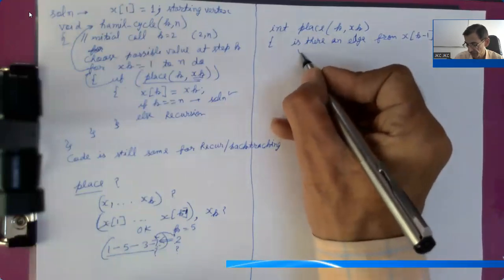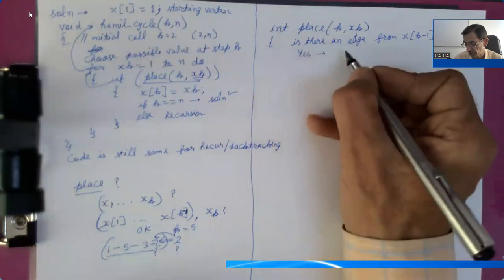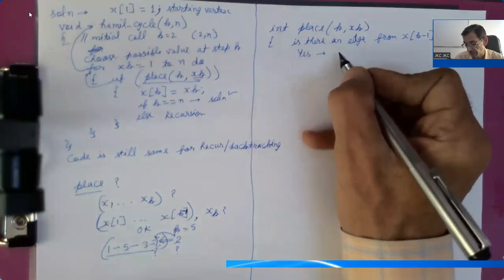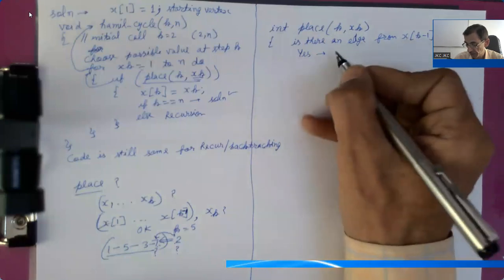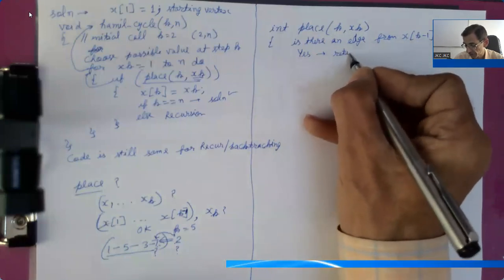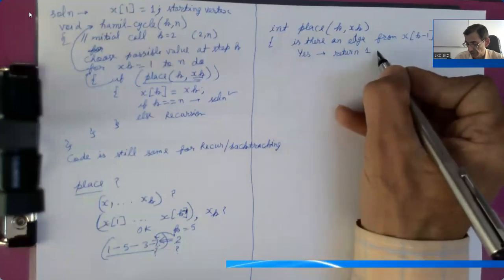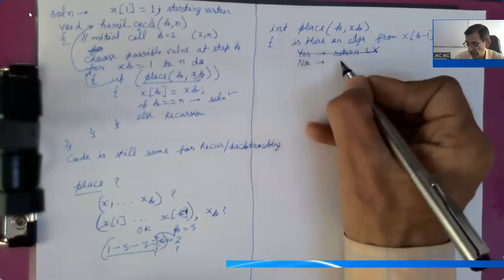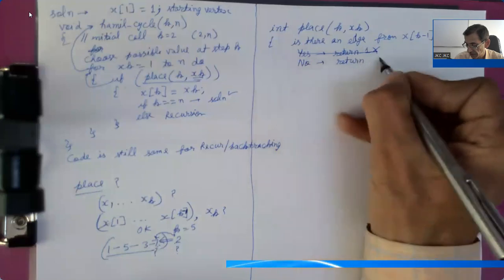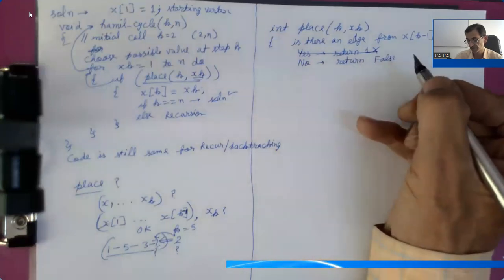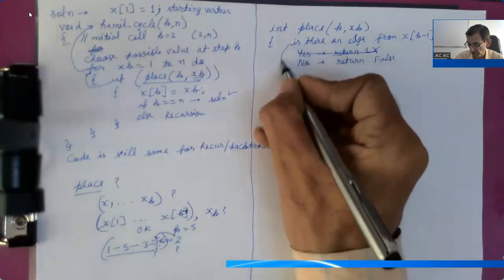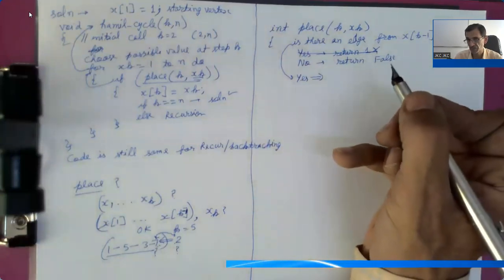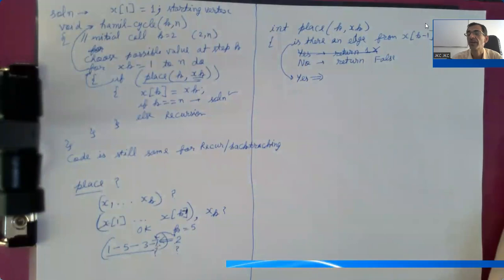If yes, perfect, this value is acceptable. But if not, I have to decide. So is this acceptable? Maybe yes. Should I return 1? I will say probably not. I will reverse it. Why? Just understand: if no edge is present, I can guaranteedly say return false, because this answer is not accepted. But if yes, then what should I do? I could say the edge exists, but still it might not be acceptable. Why not? Just think.